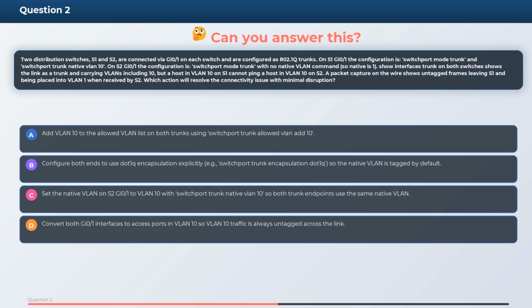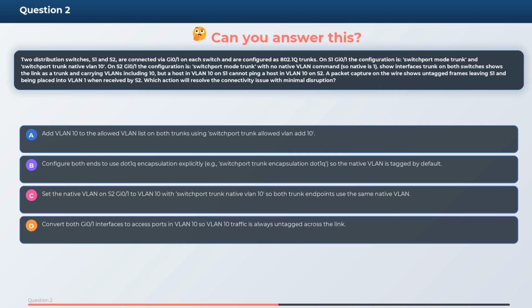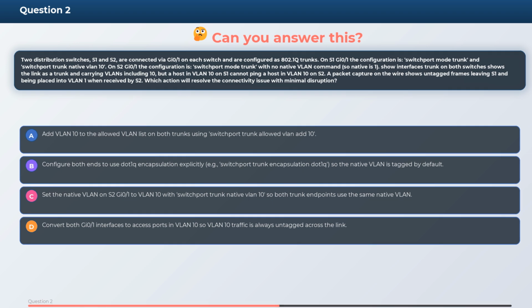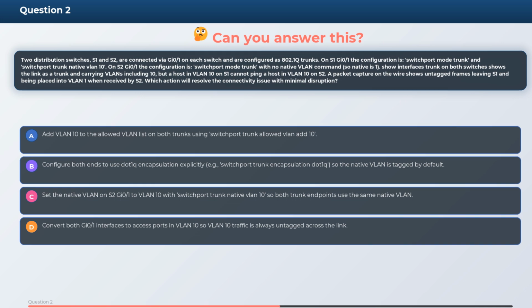Show interfaces trunk on both switches shows the link as a trunk and carrying VLANs including 10, but a host in VLAN 10 on S1 cannot ping a host in VLAN 10 on S2. A packet capture on the wire shows untagged frames leaving S1 and being placed into VLAN 1 when received by S2. Which action will resolve the connectivity issue with minimal disruption?